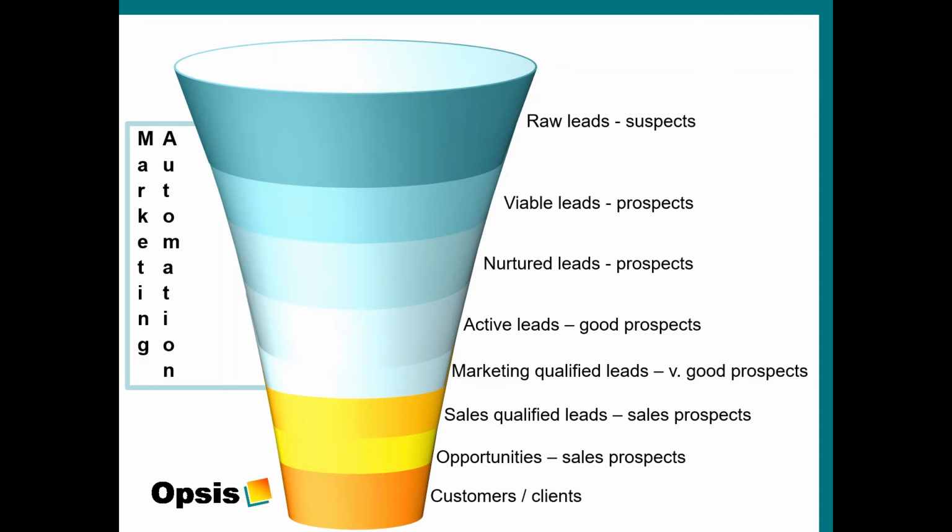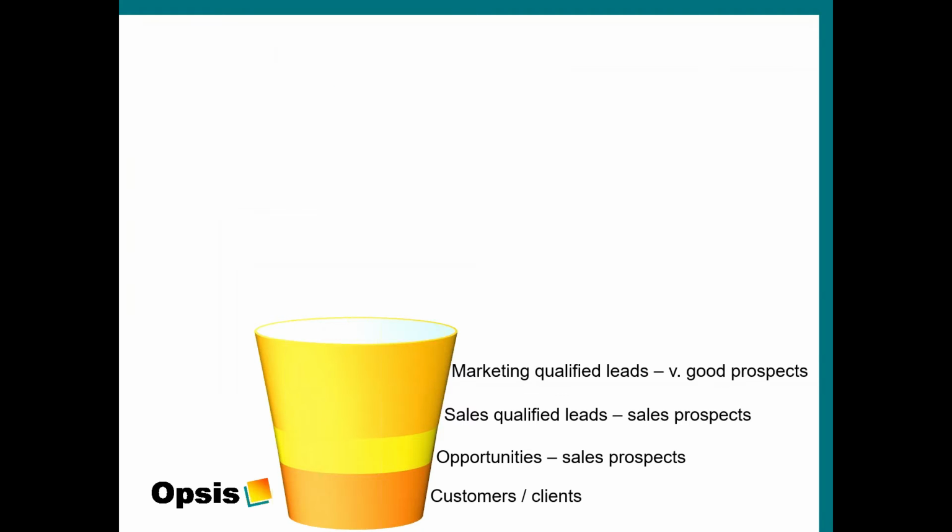Without marketing automation, with just Dynamics 365, you only really have functionality to look after these layers of the funnel. So you've really got no support to get to that level of marketing qualified leads, which is where it becomes sensible to invest a reasonable amount of time of any staff member into the people.